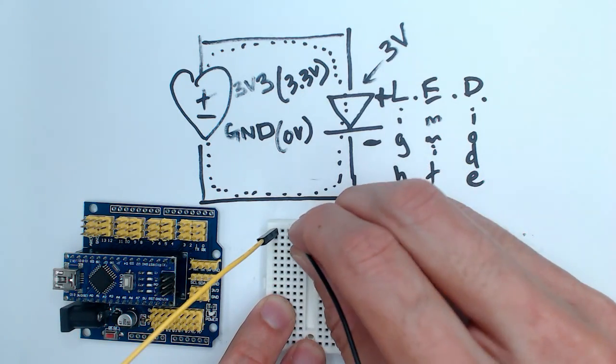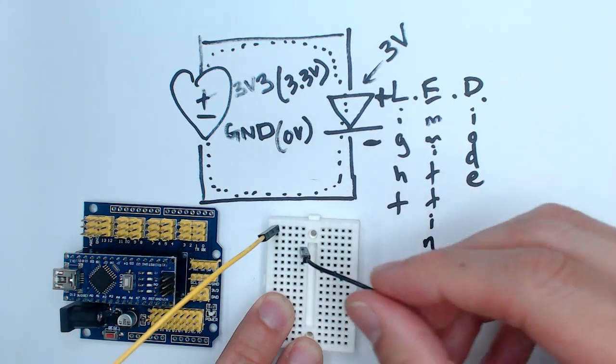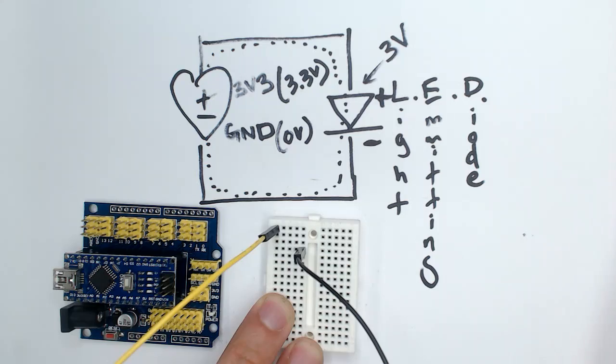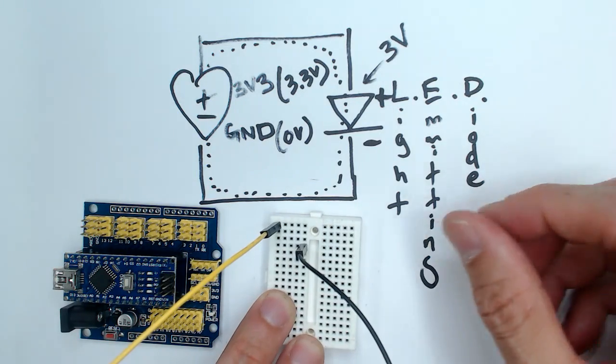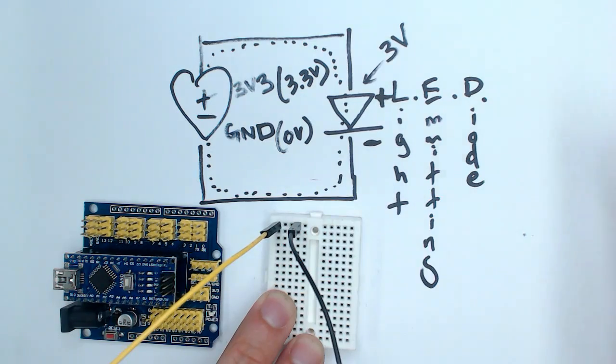But if I go like this and move this down here, are the black wire and the yellow wire in the same row? No, they're not. So they're not connected anymore. Okay, but if I want to connect it again, I can put it up here. Those 2 are connected. All right, that's all we need to know today.